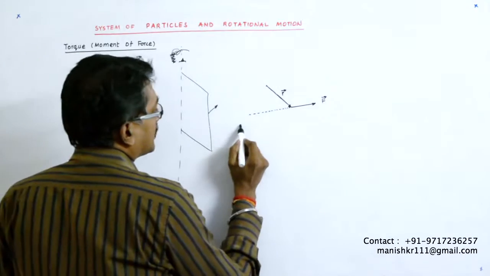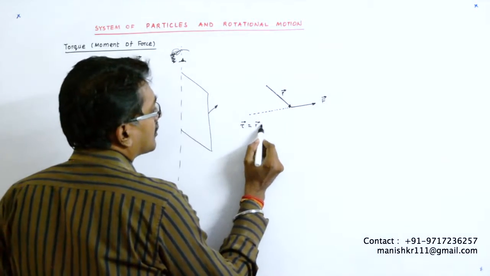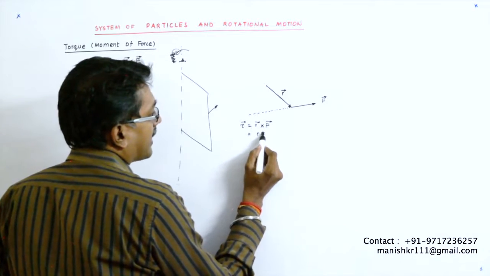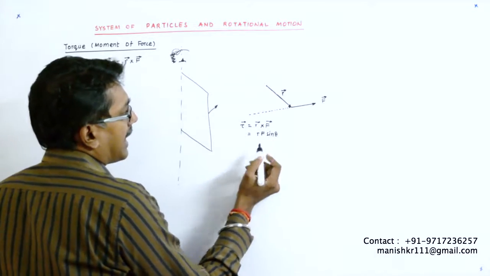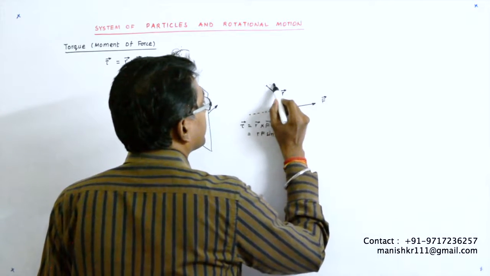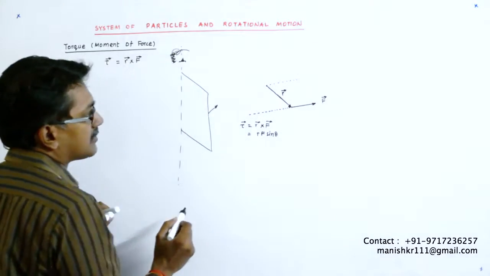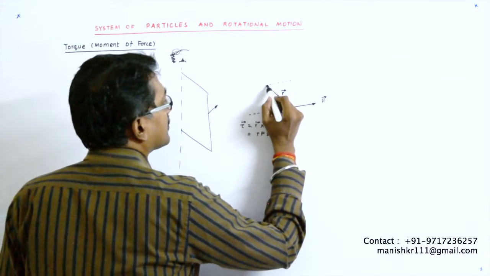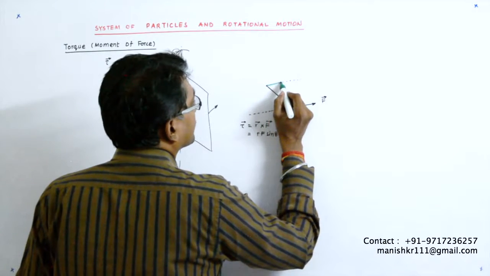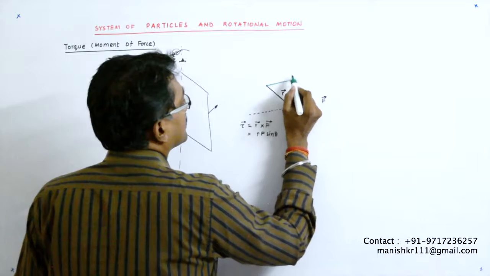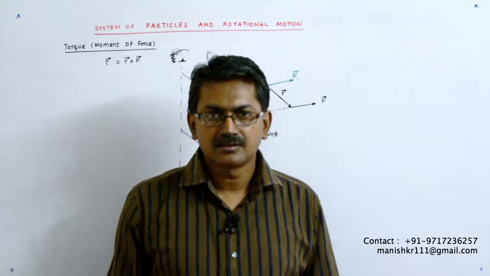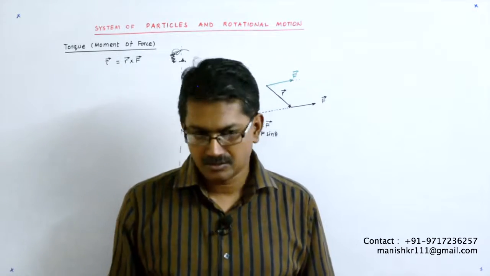Now I know that my torque is R cross F, which is RF sine theta, and in this case it will be pointing upwards, because this F has to shift here. The shifted vector I draw like this. F has to shift here. Before you initiate any dot or cross product, the vectors have to be made co-initial.